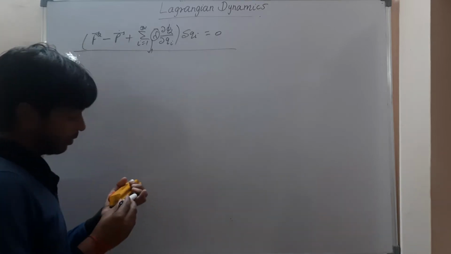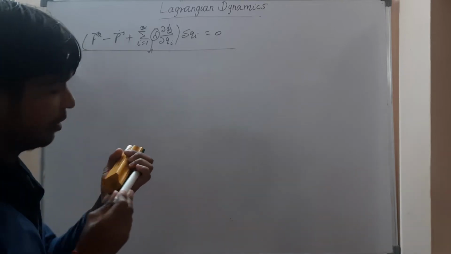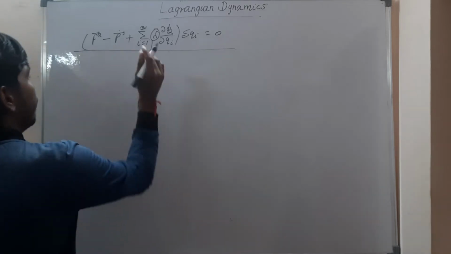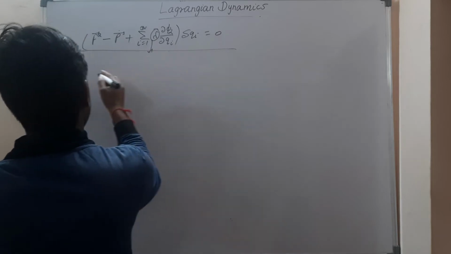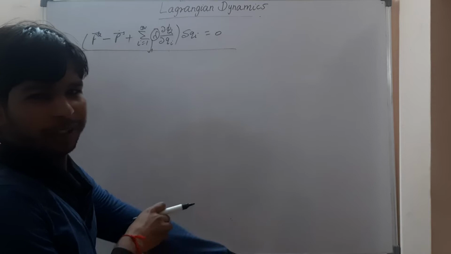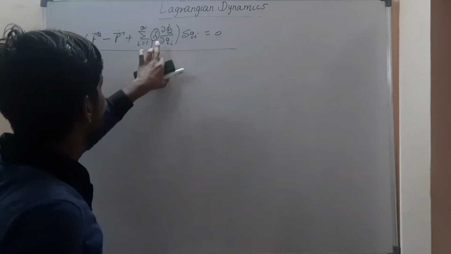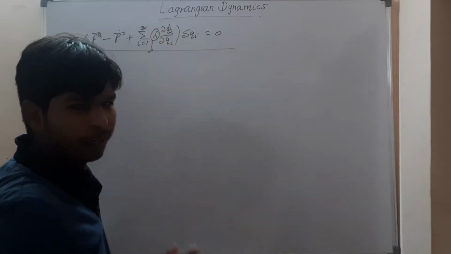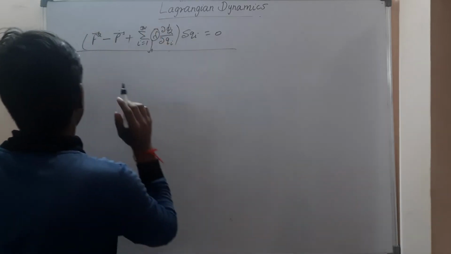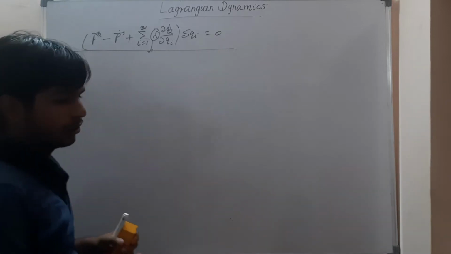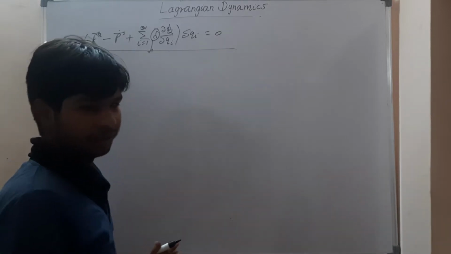By getting this equation we got one benefit: we don't need to worry about the constraint force, because the dependent coordinates due to the constraint all get eliminated and we get independent coordinates. So we generally can solve that equation.